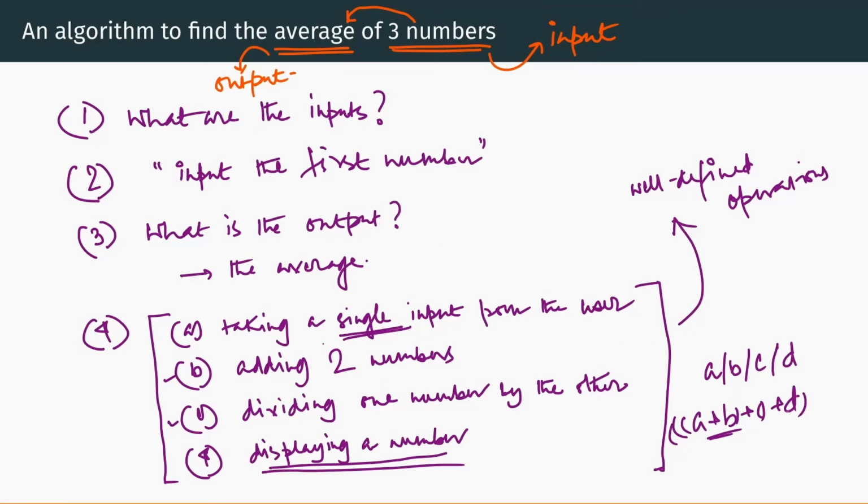It's not like you can only add two numbers, or only divide one number by the other, and you can definitely display more than one number at once. But this is just so that we know what an algorithm is and what its limitations are, which is that an algorithm must remain in the domain of well-defined operators.